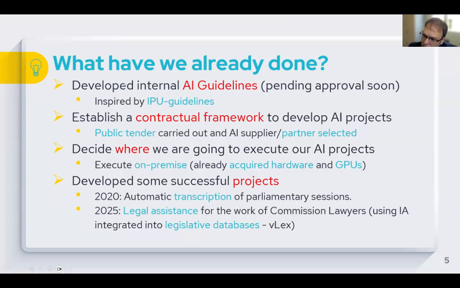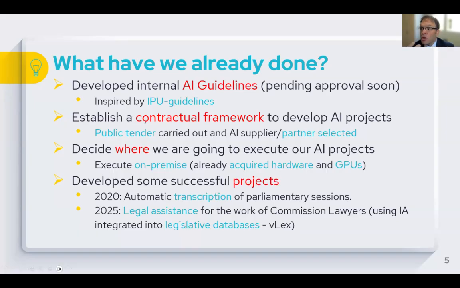What have we already done? Also, we have established a contractual framework to develop AI projects. I don't know about your countries, but here in Spain it's very difficult and takes a long time to make a public tender and assign a developer or a partner to do some things. Sometimes it takes us more than 1 year to start developing one project.